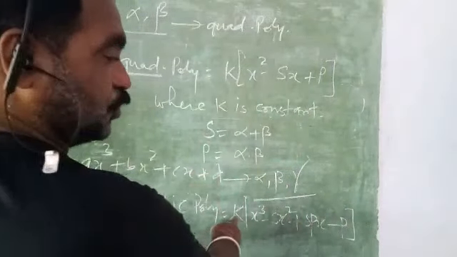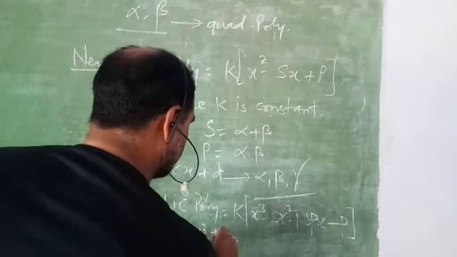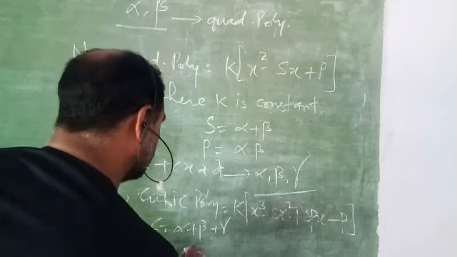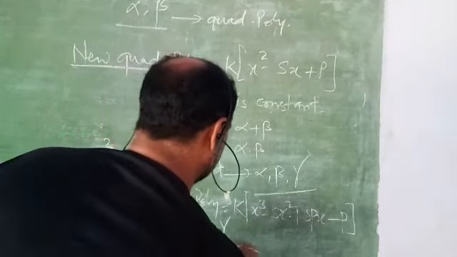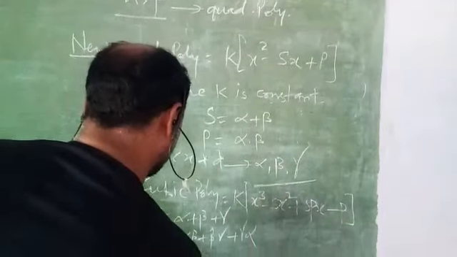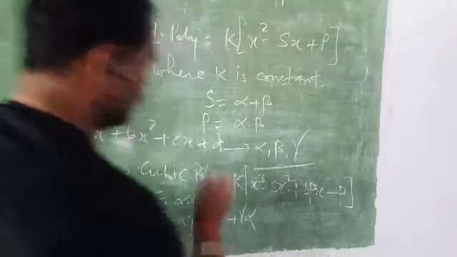Again, k is the constant. S equals alpha plus beta plus gamma. Sp equals alpha beta plus beta gamma plus gamma alpha, and p equals alpha into beta into gamma.